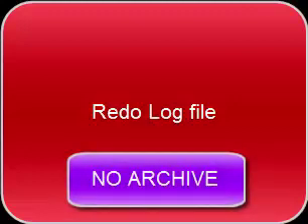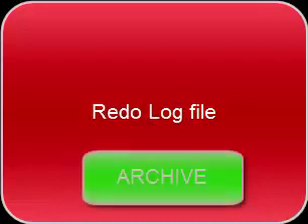If we are in no archive log mode, the redo log file overrides the data, so getting the previous or older data is quite complicated. In no archive log mode, we cannot retrieve the older data; it is impossible.